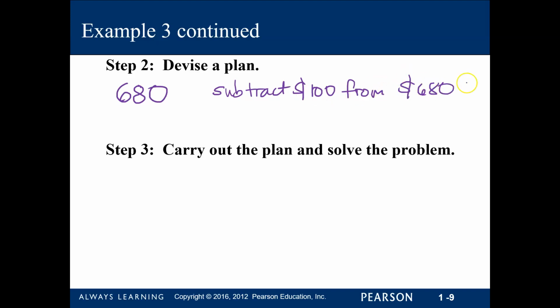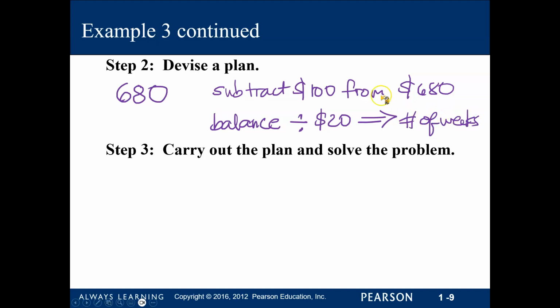Whatever was the remaining money, that balance, we have to divide it by 20 because each week is 20 bucks. So whatever is the balance, we divide it by $20 because that's the weekly payment. Then that will give us the number of weeks of how long this payment happened.